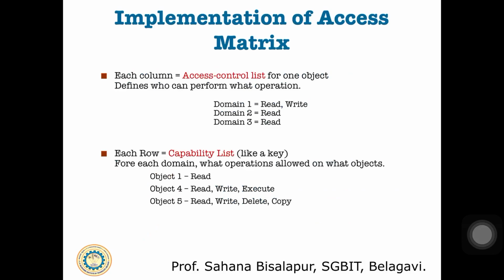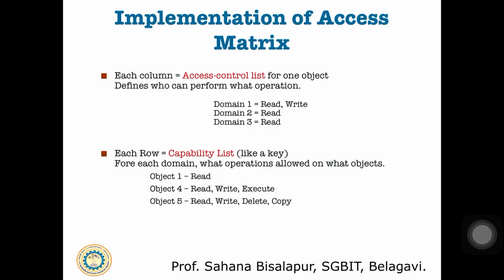We have a domain, an object, and the operation we are going to perform. The rights set means all the operations we are able to perform on a particular object, and that will be written there.